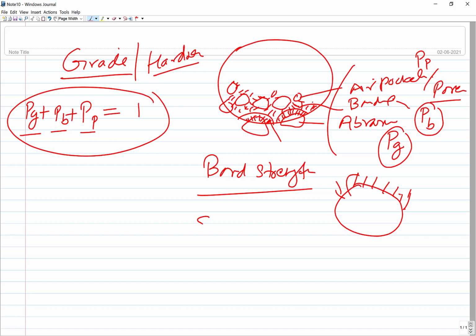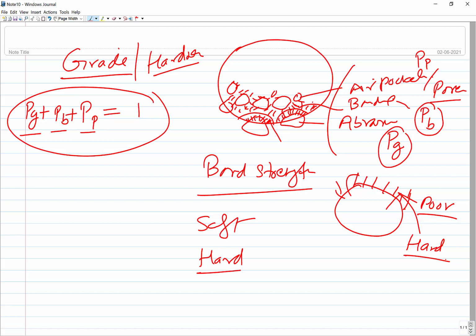Okay, so just to understand, there is soft grade and hard grade. Soft grade means this bond is poor, so the abrasive will be easily removed from the wheel in case of the soft grade. And hard grade means the bond between the bonding material and the abrasive is very good, so it will be termed as hard.